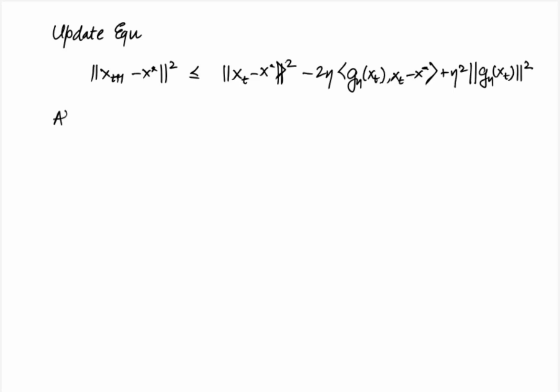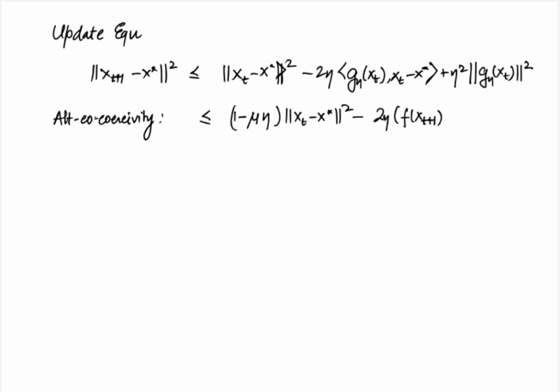Substituting the second term from the alternative to co-coercivity property, we obtain norm squared of x_{t+1} minus x star less than or equal to (1 minus mu eta) norm squared of x_t minus x star, minus 2 eta (f of x_{t+1} minus f of x star), minus eta squared (1 minus eta L) norm squared of G_eta of x_t. Here, assuming that eta is less than 1 over L, we can drop the last term as usual.